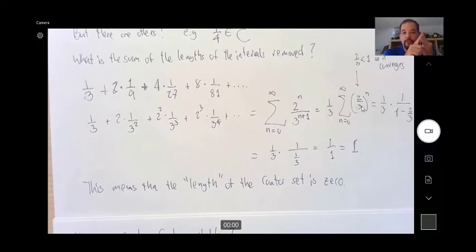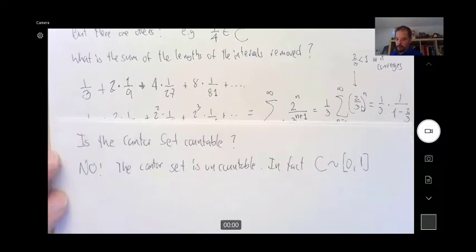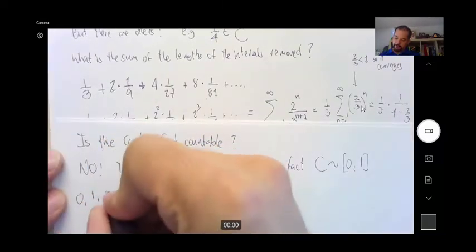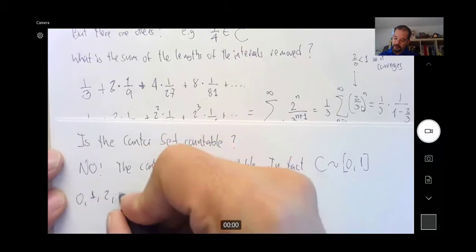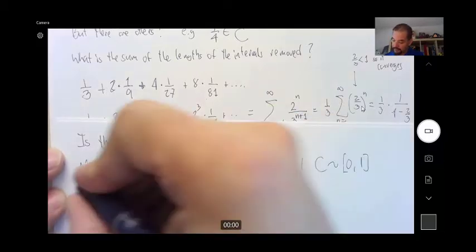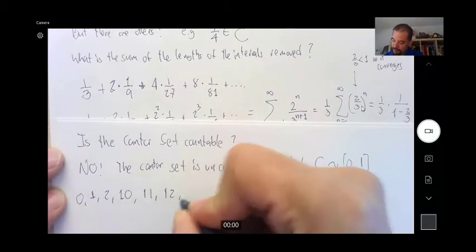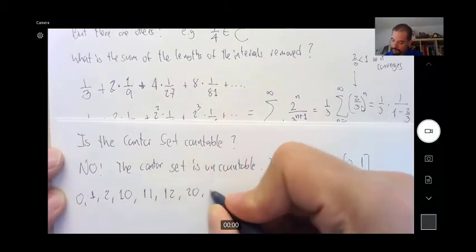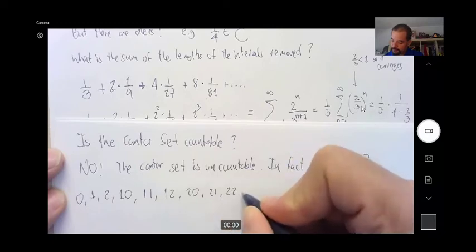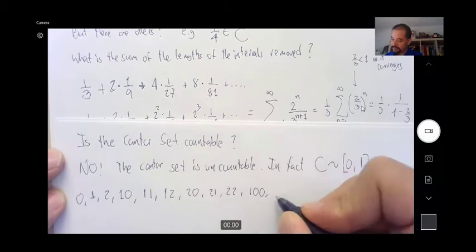So if you count with the numbers 0, 1, and 2, this is how you count: 0, 1, 2, and then the next number is 1, 0. I don't want to say 10 because it's not 10; this is 3 in ternary expansion. Then 1, 1, then 1, 2, then 2, 0, 2, 1, 2, 2, and then 1, 0, 0, and so on.